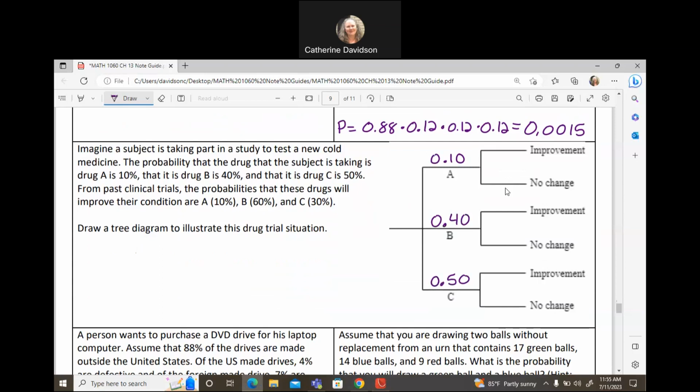From past clinical trials, the probabilities that these drugs will improve their condition: the ones that took drug A showed 10% improvement, so the ones that had no change was 90%. Drug B improvement was 60%, so 40% of those patients had no change or no improvement. And drug C, they showed a 30% improvement, so that means there's 70% no improvement. This one's just going to be multiple choice. You just have to pick the correct diagram.